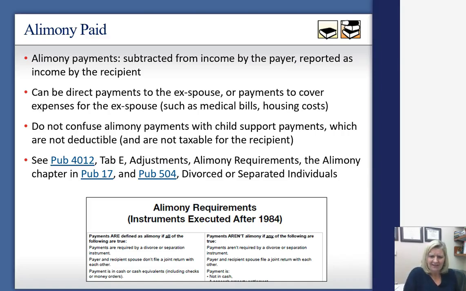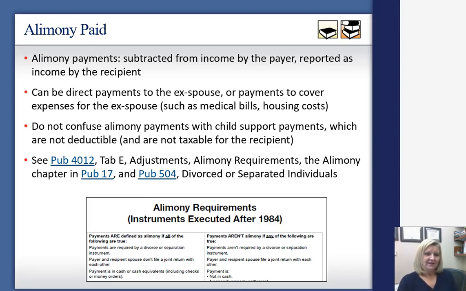It's going to be uncommon to find very many decrees that were entered before then that are still actively paying alimony, but it's possible. So if someone is paying alimony and it is a 1985 to 2018 decree, they are able to deduct that as an adjustment to their income.